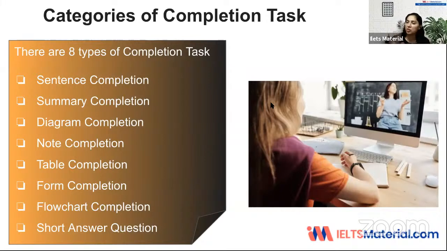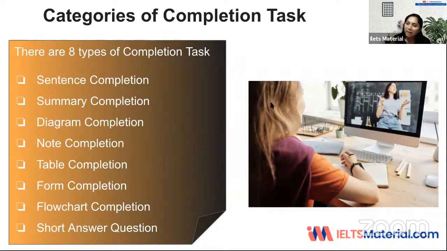Majority of the times it will be the case, but it may also differ in terms of summary completion, because summary completion, when you have it in the question form, is a very small paragraph and it is actually compressed from 2 or 3 paragraphs from the passage.